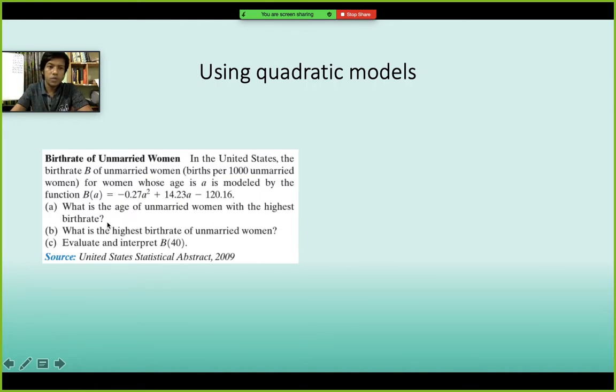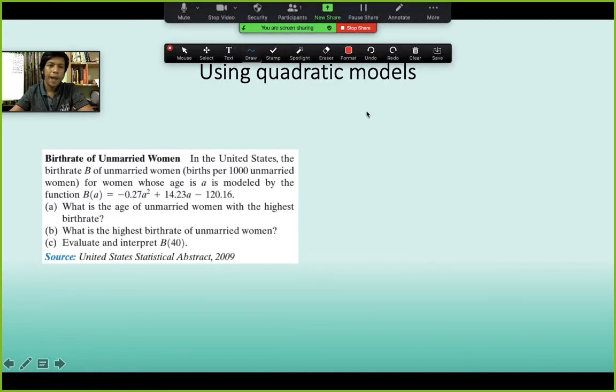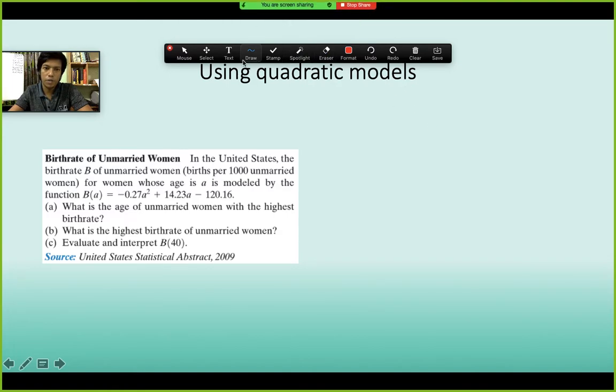One of the things that we need to discuss at this point, really important, is the highest value and lowest value of a quadratic function. How can we find the highest value and lowest value? Very important formula. The highest or lowest value of the quadratic function is actually the vertex.